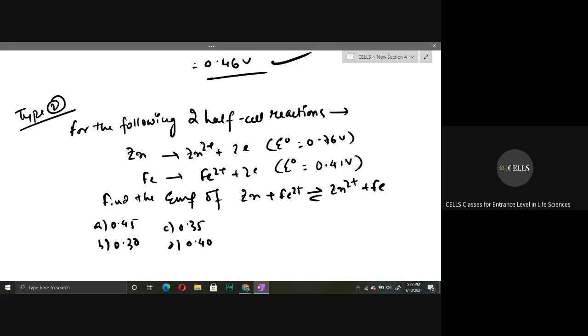Let me know in the chat box what will be the answer: A, B, C, or D. I got one answer. Others, please let me know. I got Simran's answer, and then others.